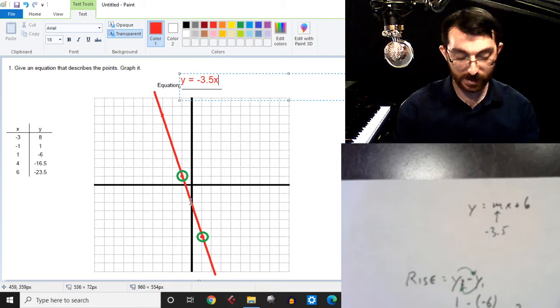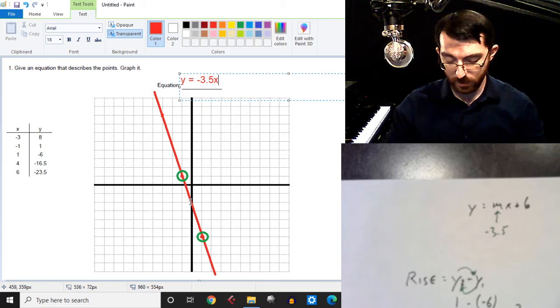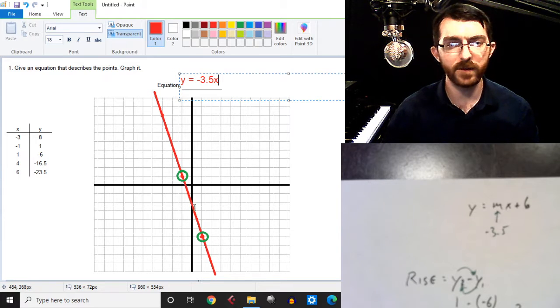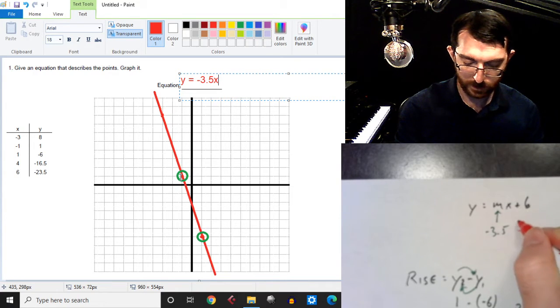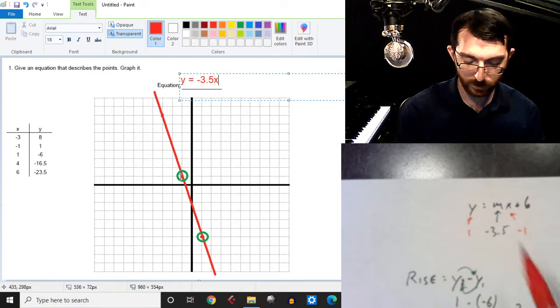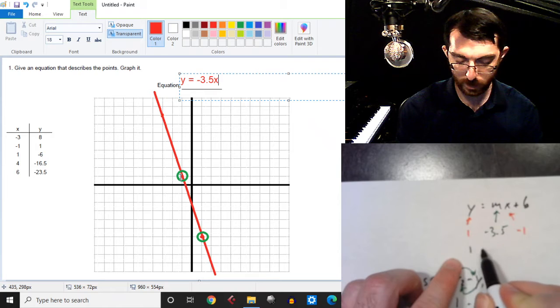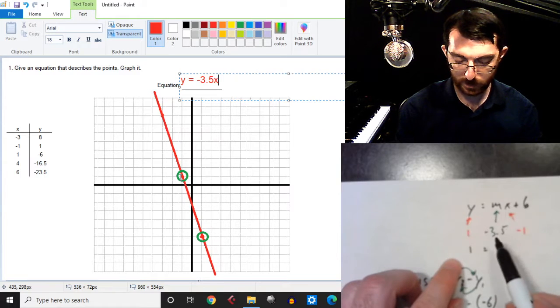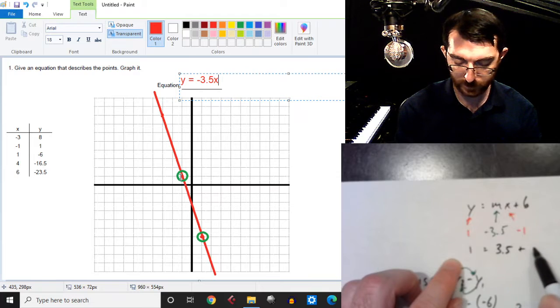I just need to pick a point so I can have an x and a y value. I think the math will be nice and easy if I use this one, because x is -1 and y is +1. So filling everything in, I've got 1 equals -3.5 times -1. That's +3.5 plus b.